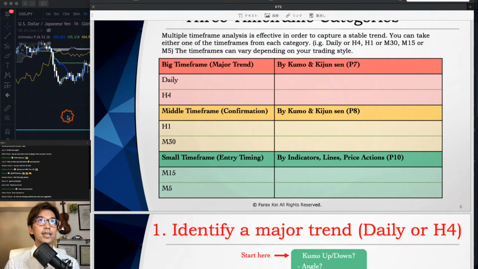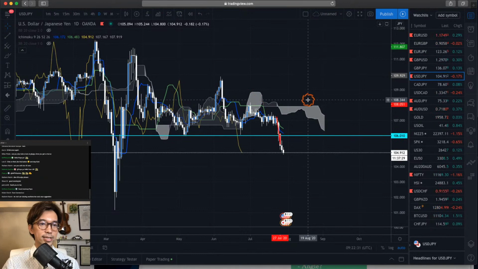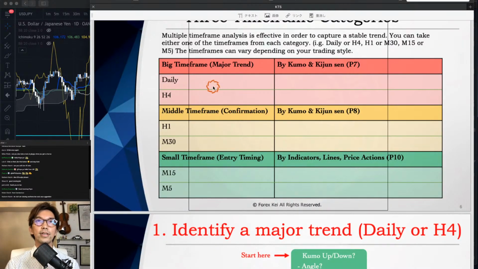So, in this particular USDJPY, first I see the daily chart. I always do the top-down analysis. So I look at the bigger time frame, which is the daily chart in this case, and I see that this is downtrending. So it's confirmed on this one. Daily chart is down. So I go to the middle time frame now.